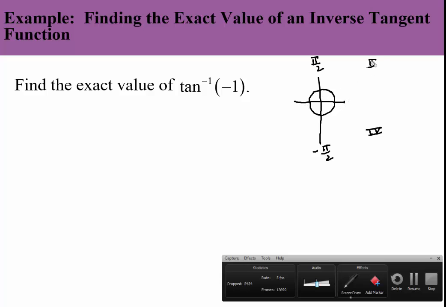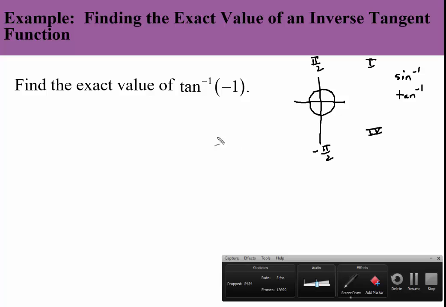So the inverse sine can be answers between here, angles between here, as the inverse tangent is, except the inverse tangent can't equal negative pi over 2 to pi over 2.